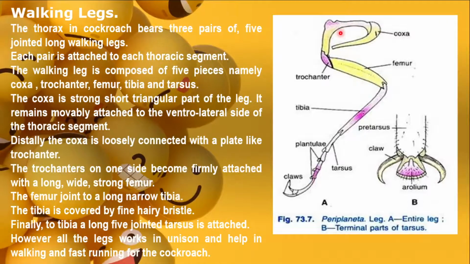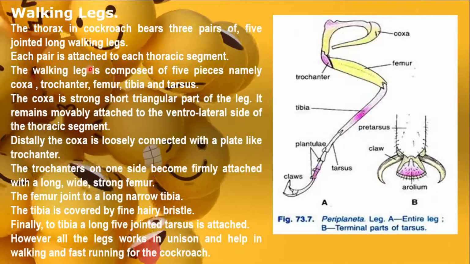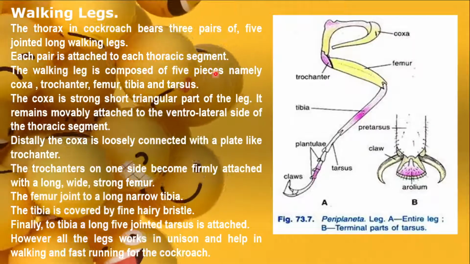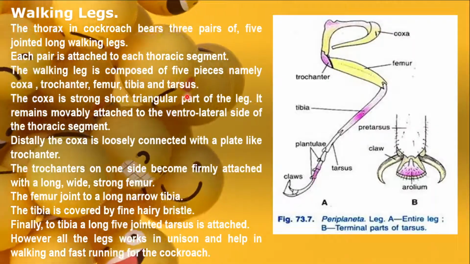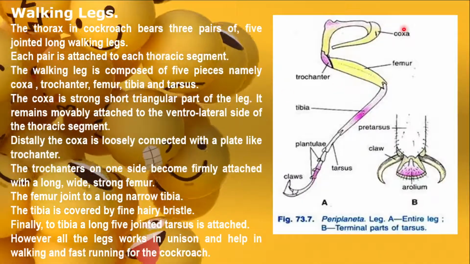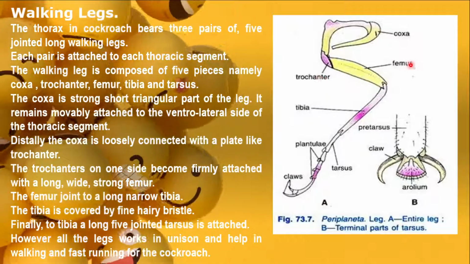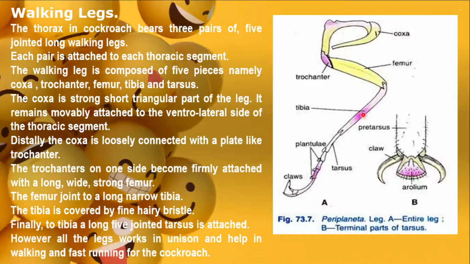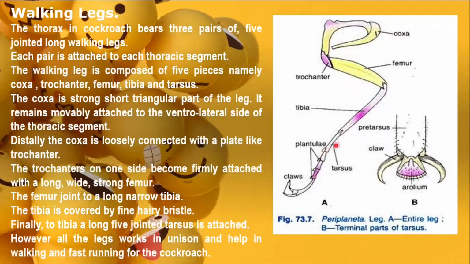Now we will see which five parts are there in the walking legs. The walking leg is composed of five pieces, namely coxa, trochanter, femur, tibia, and tarsus. See, first one is coxa, second is trochanter, third is femur, fourth is tibia, and the tarsus.